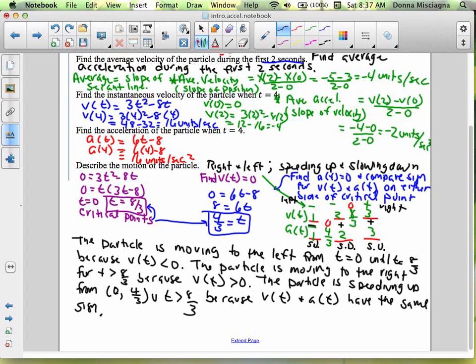The particle is slowing down from 4/3 to 8/3, because the signs of velocity and acceleration differ.